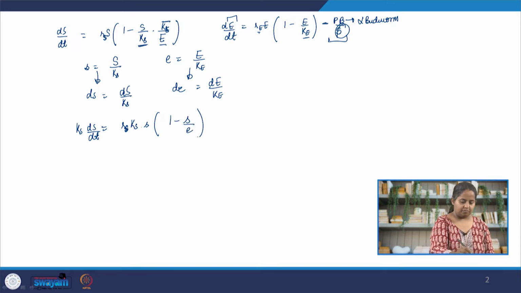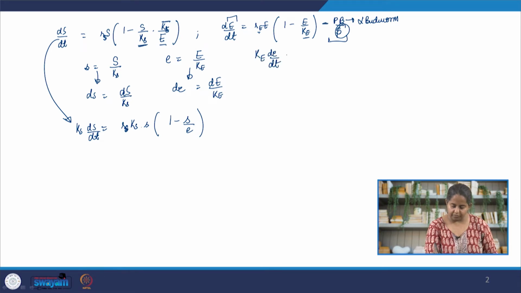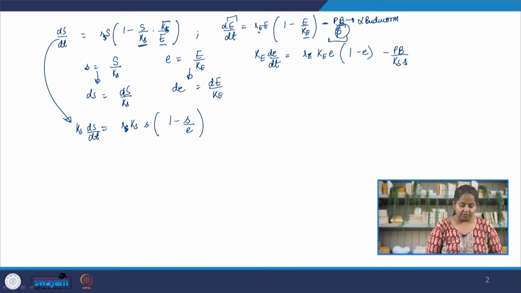So this is what happens to this equation, and now let's take a look at the second one. So we can simplify this.